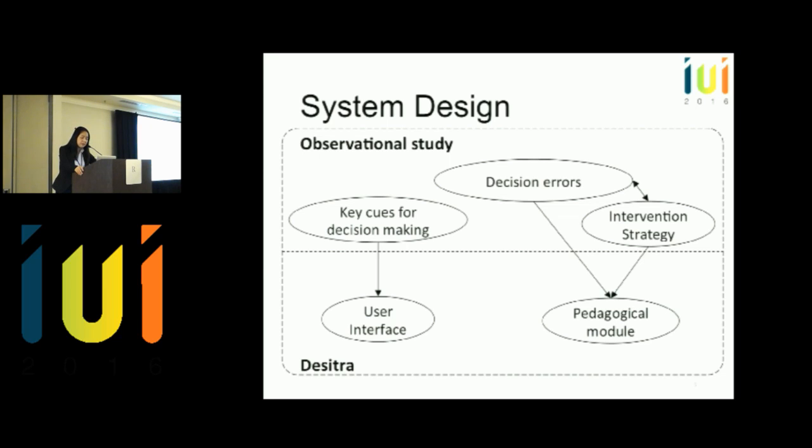We used thematic analysis to find key cues for making decisions and decision errors, with the intervention strategies that human tutors use in teaching sessions of endodontic surgery. The key cues we found were used for designing the user interface, and the intervention strategies as well as decision errors were used for designing the pedagogical module.